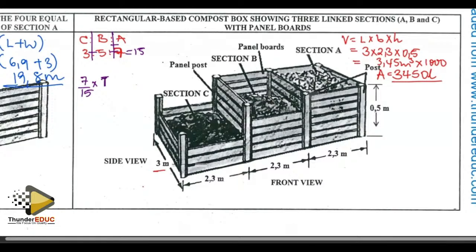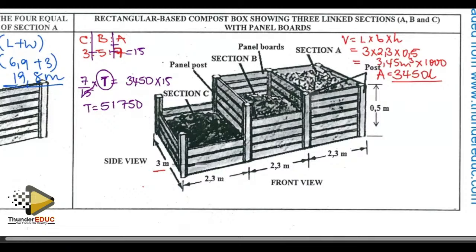They got 3,450. So what is the total decomposite here that we're looking for? So we look for the T, which becomes 3,450 times 15. You end up having... The reason why I'm multiplying by 15 is because I need to remove 15 from here, so that I remain with 7T.